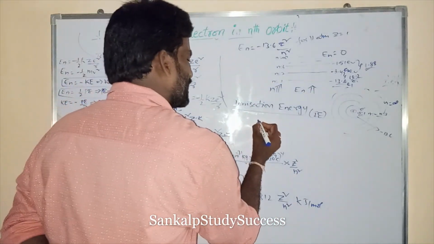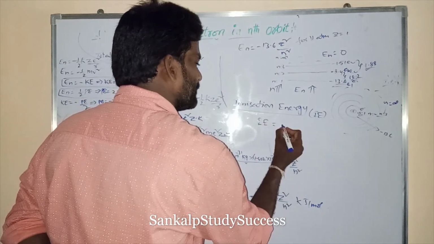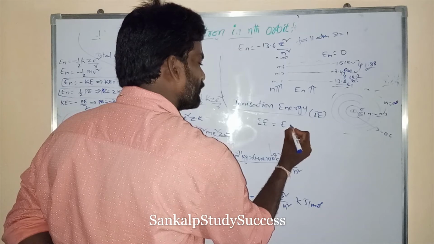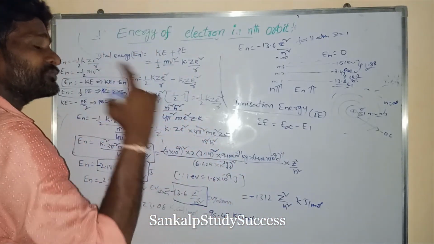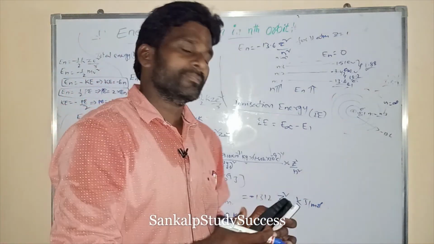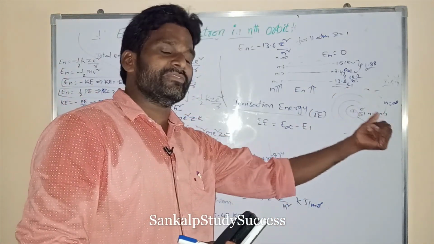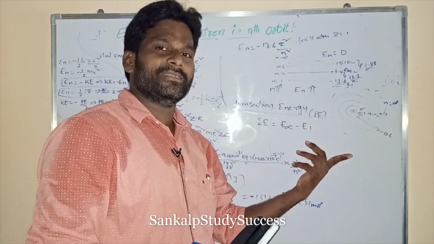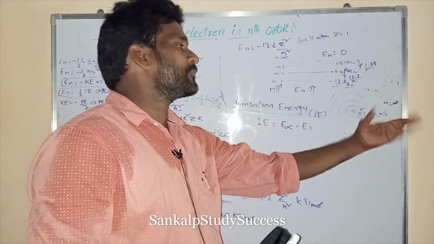So now the ionization energy IE can be taken as the difference between the energy of the infinity shell and the energy of the ground state. Why? After the ionization energy, there is no force of attraction between the nucleus and electron. Similarly, in the infinity shell also, there is no force of attraction.